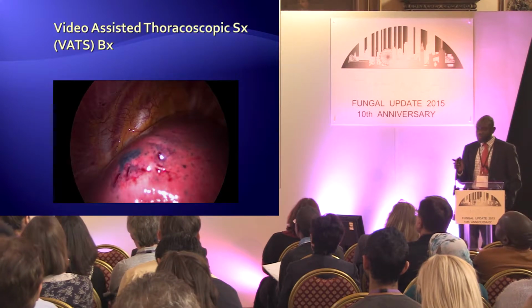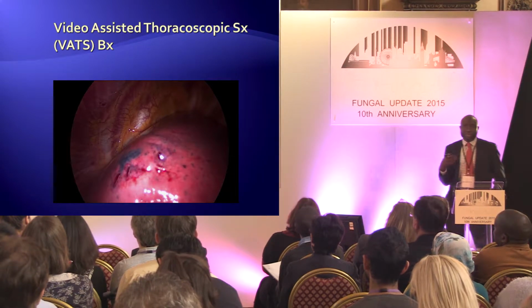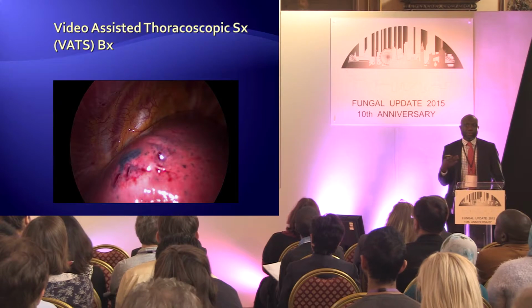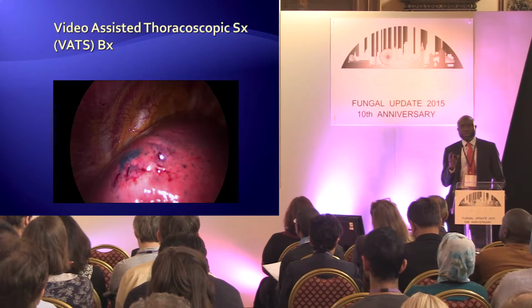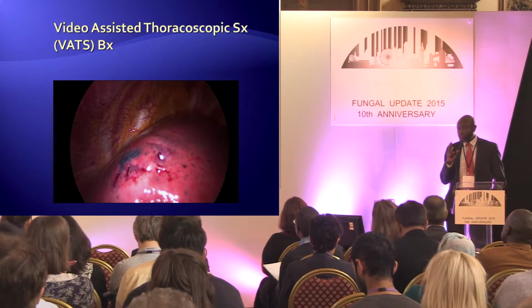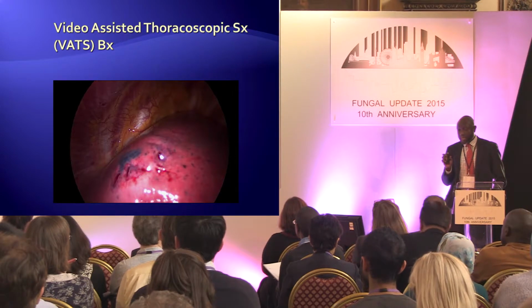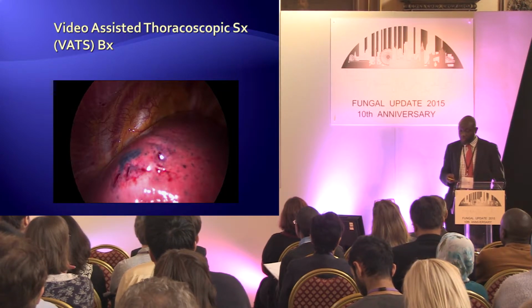The other thing I just wanted to mention is the biopsy. So biopsy, we said, is if you can get biopsy, that would be the way to diagnose fungal infection. Part of the problem is quite often you have quite small nodules which may not be accessible, and getting to the right place can sometimes be quite tricky.